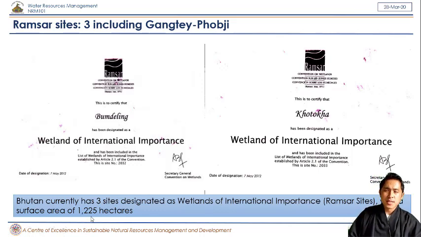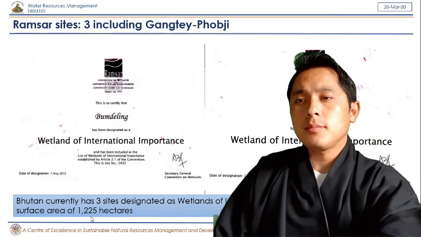So these are the 3 Ramsar sites in Bhutan, and hopefully we'll have more in future. Khotokha and Bumdeling are also 2 wetlands which are very famous for their scenic beauty and different kinds of plants, flora and fauna in that area.